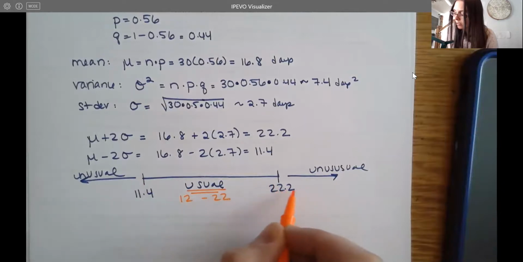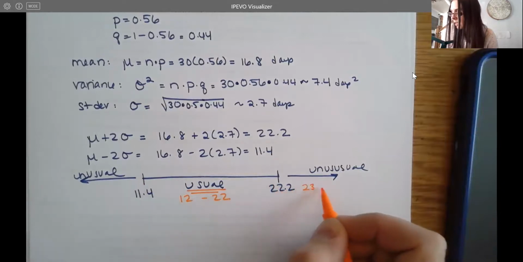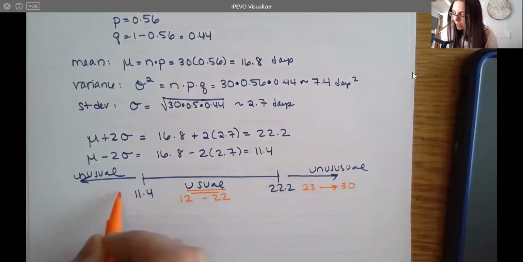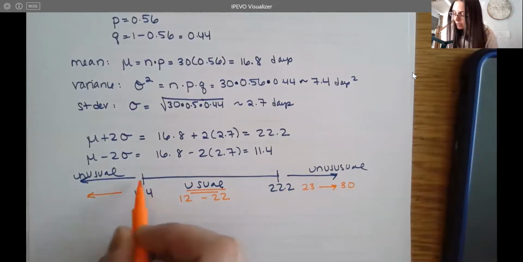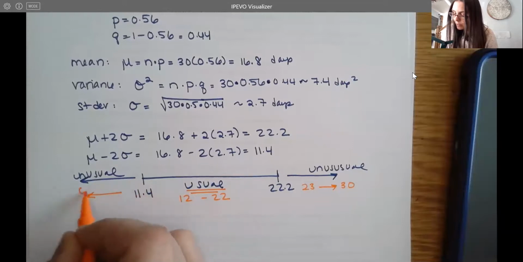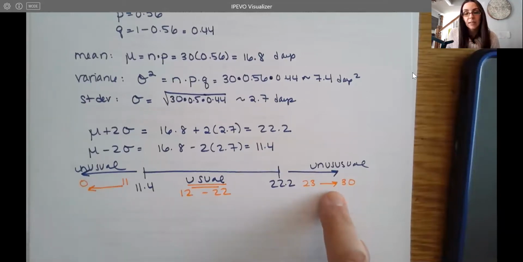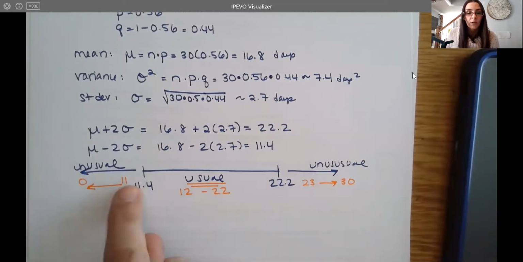After 22.2, the next day is 23. So anything from 23 to 30 days is going to be unusual. And then going this way, 11 would be included. So anything from 0 to 11 days would also be considered unusual. So if you had 23 or more cloudy days, that would be unusual. Or if you had 11 or less cloudy days, that would also be unusual.